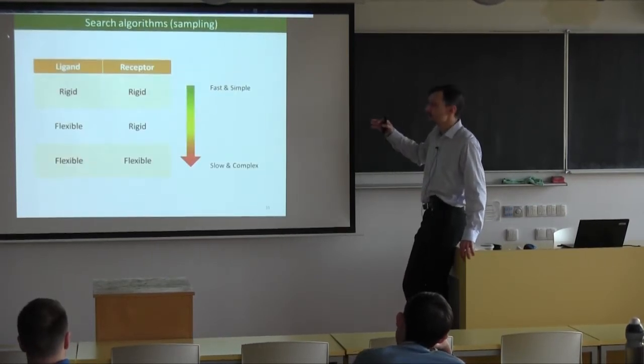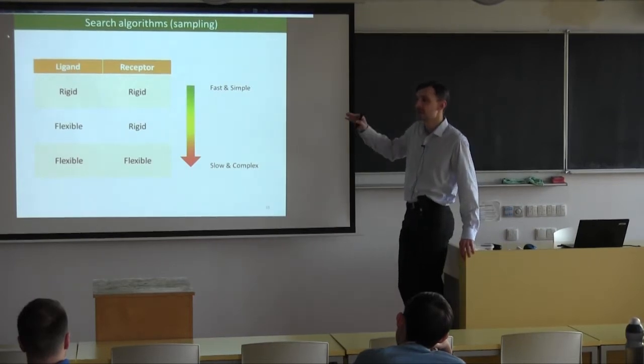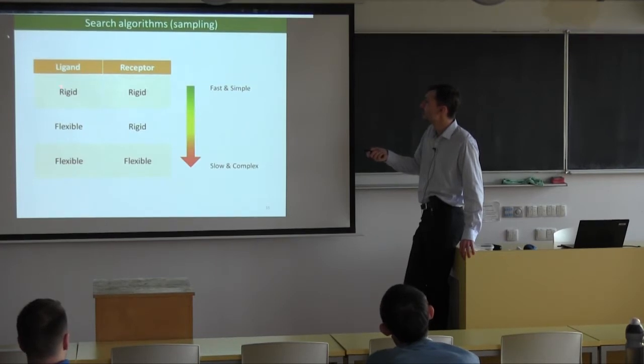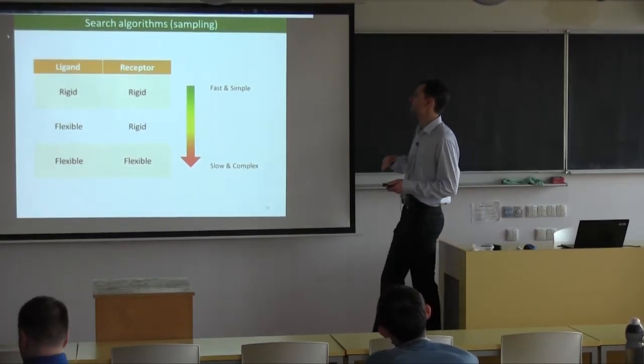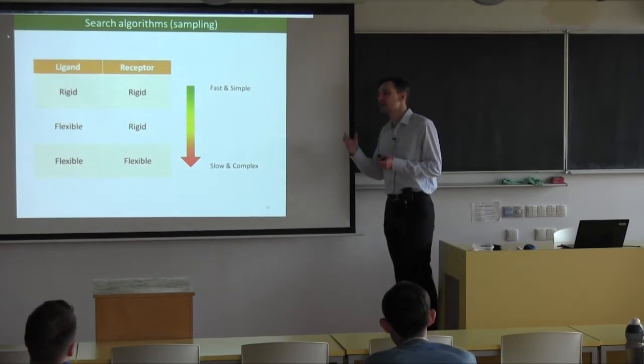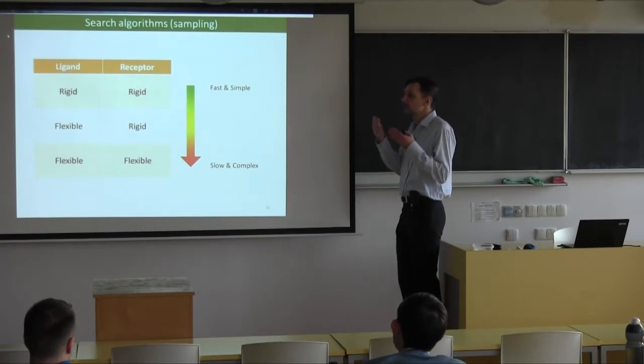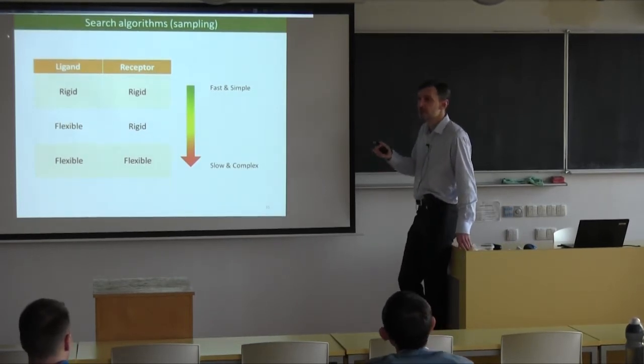Flexibility can be considered on different levels. The first docking programs considered both ligand and protein rigid. In this case, the researcher should generate several conformers of a ligand and then just try to move it inside the pocket and hope that one of those conformers will fit.